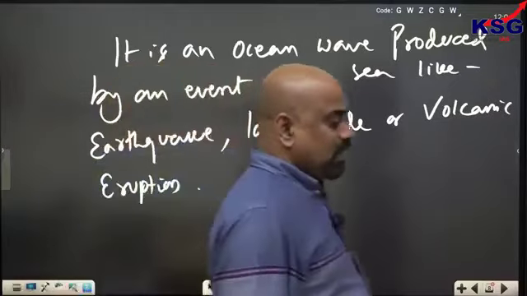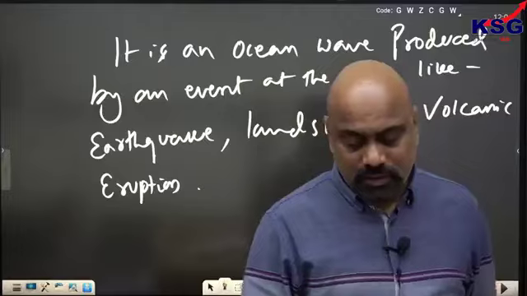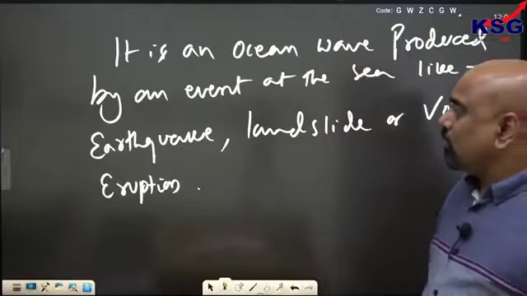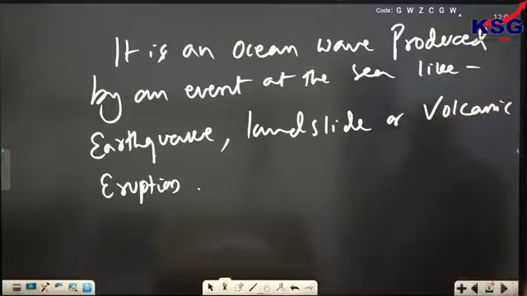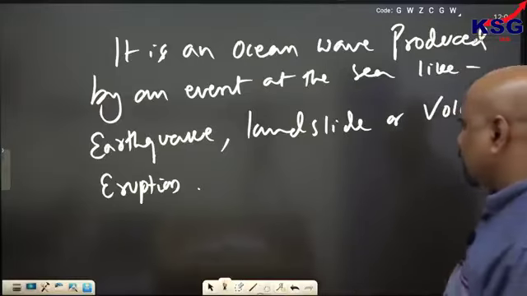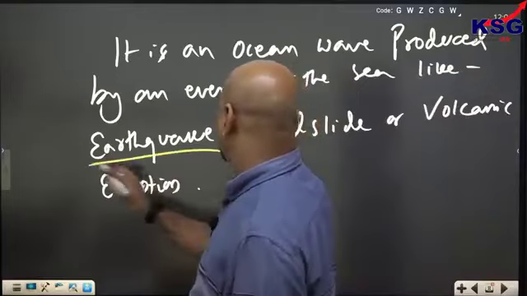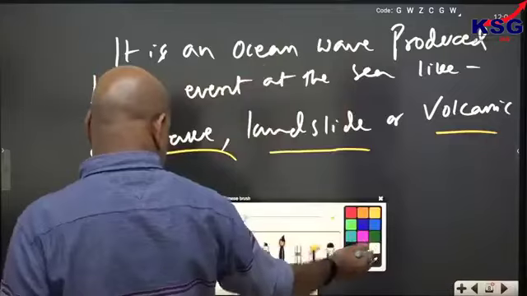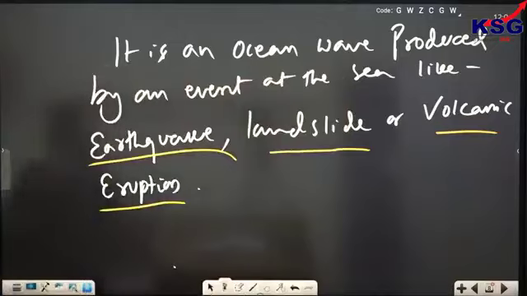According to the National Disaster Management Authority, NDMA, New Delhi, it is an ocean wave produced by an event at the sea like earthquake, landslide, volcanic eruptions. In this case, as you know, there is very gigantic sea wave generation.